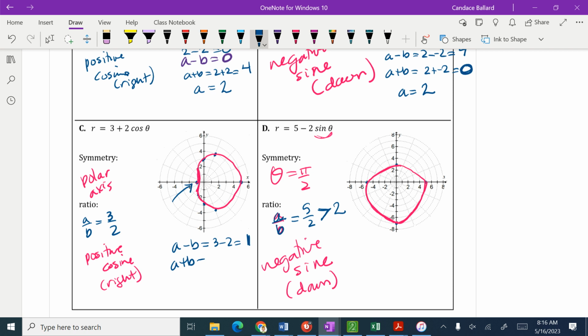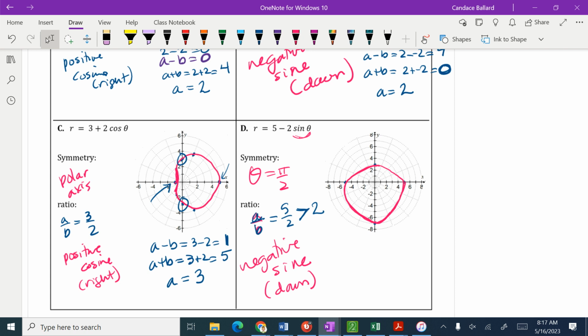A plus B equals 3 plus 2, which is 5. Look, did it work? It's looking pretty good. Then our A value was 3, and notice that was on our non-axis of symmetry. Let's try one more here just to check it out. A minus B on this one would have been 5 minus negative 2, which is 7.